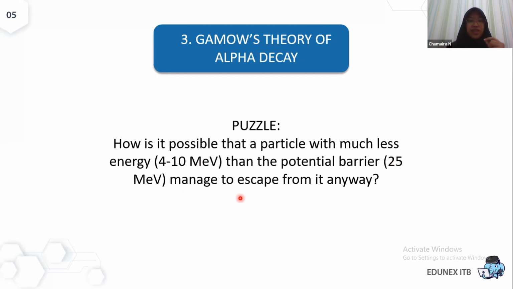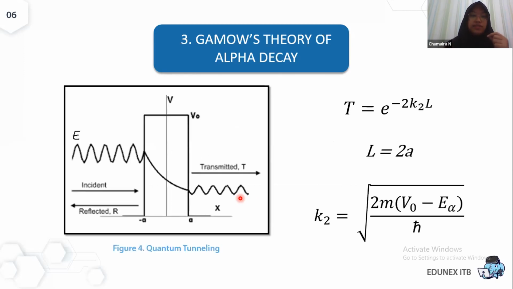Now, imagine if we throw the ball with a velocity lower than the Earth's escape velocity, but the ball happens to escape the Earth anyway. That would be very puzzling, right? Now, the solution to this puzzle is none other than quantum tunneling.